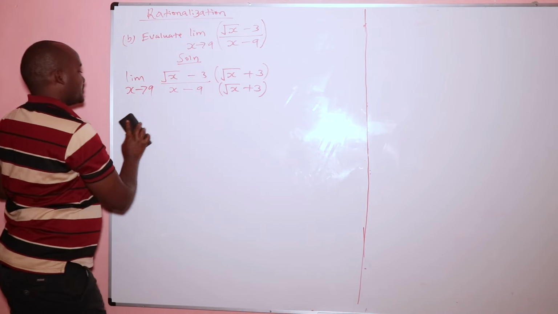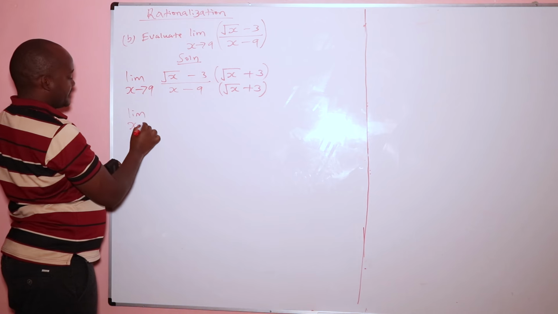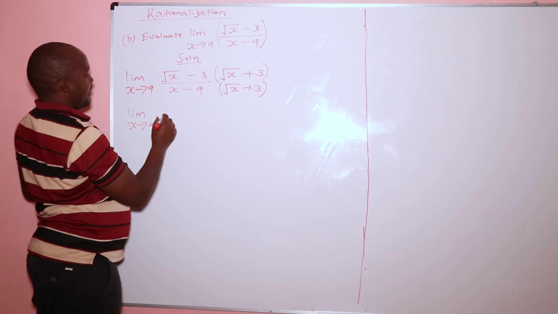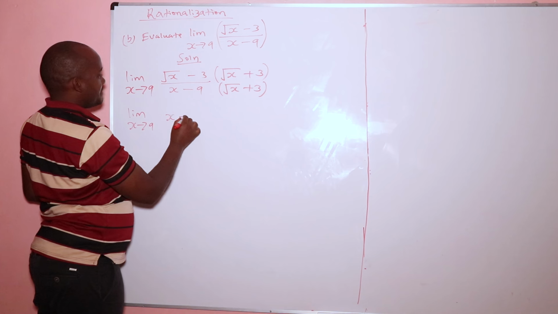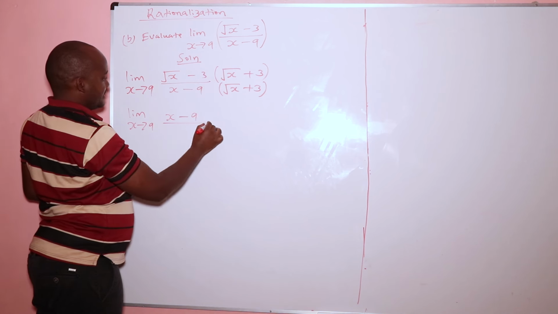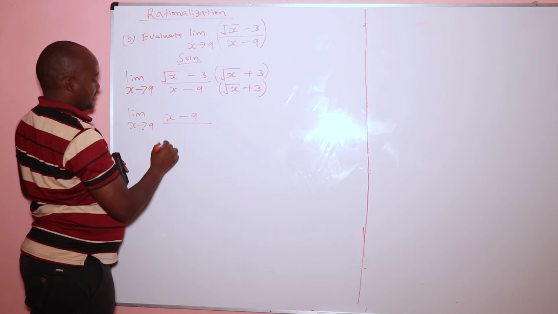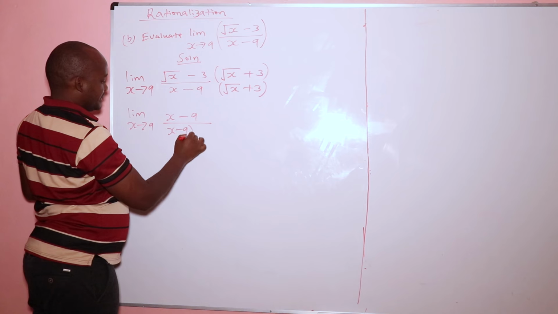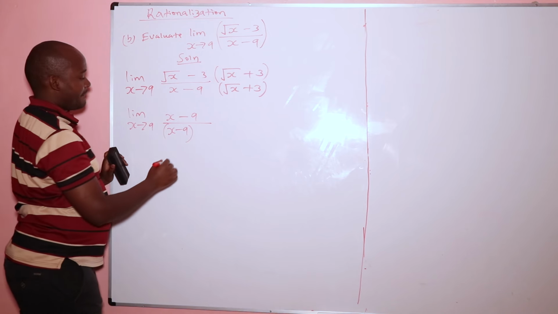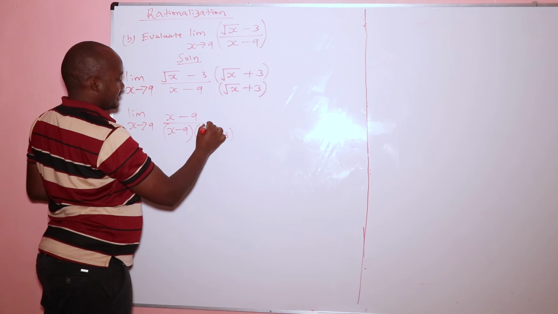And this will give us the limit as x approaches 9 of x minus 9 divided by now the product of this, which will be just presented as x minus 9 multiplied by root x plus 3.